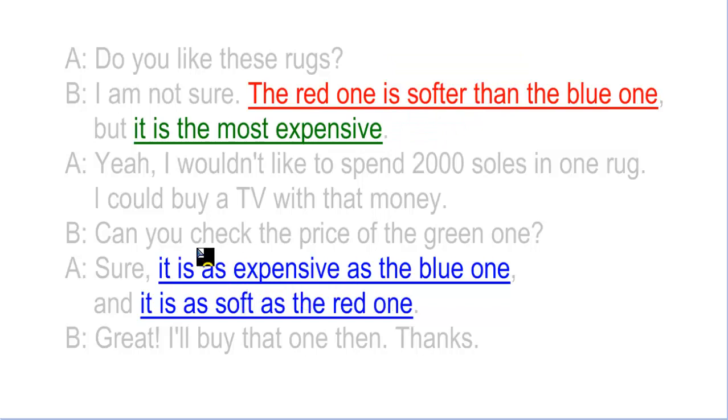But in this case, you're not saying that there is a difference. In this case, you're implying that it is as expensive as the blue one. In other words, equally expensive as the blue one. So you see, in this way, we're comparing different things. We're using the same adjective, but we're comparing something else.